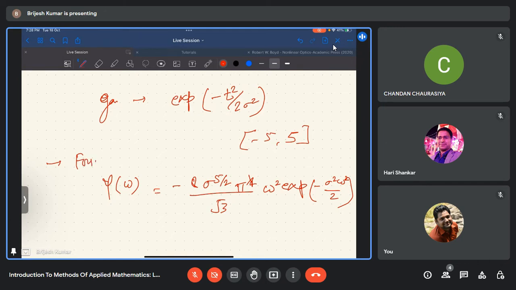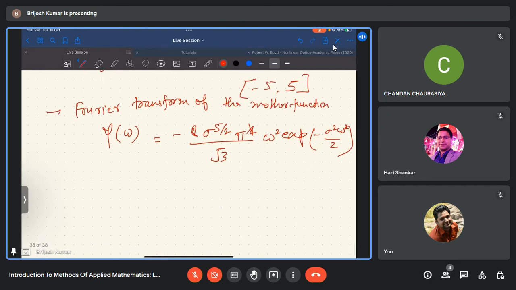This comes from the Fourier transform of the mother function.